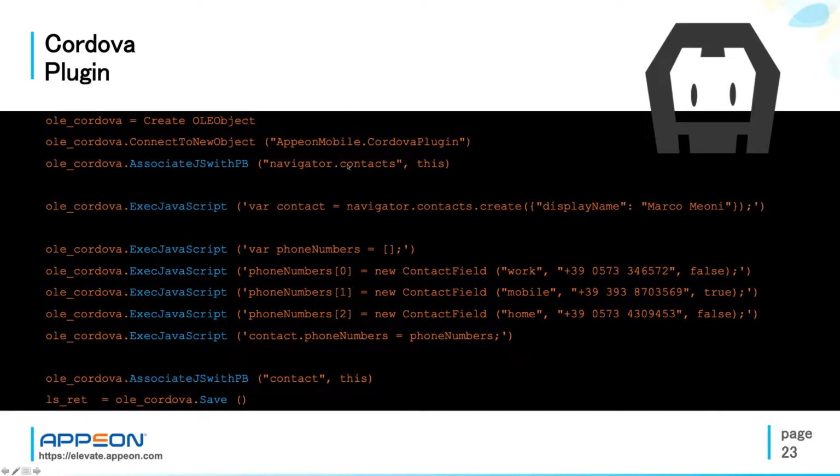So I access the Cordova plugin for the address book, and then I execute JavaScript, for example, to create a new contact, display name, then an array of numbers with work, mobile, and home, and finally I save this contact. And with this syntax, AssociateJavaScriptWithPowerBuilder and ExecJavaScript, I can access Bluetooth support, I can access WebSocket plugin, and many more.